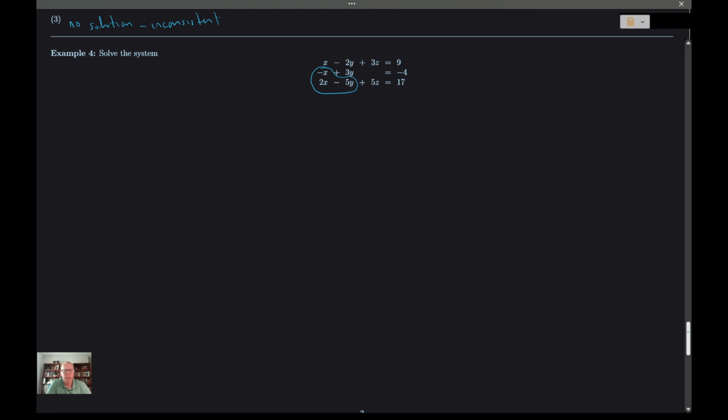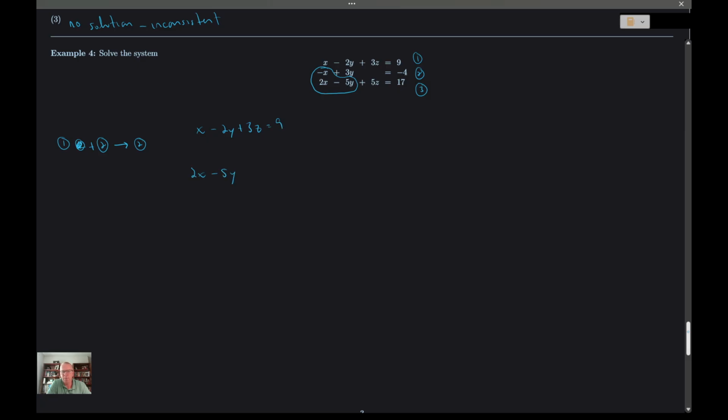Well, let's call this the first equation, this the second equation, and this the third equation. Let's add the first 2 equations. Oops, let's not circle the plus. 1 plus 2, and we're going to replace 2 with that. So let's write the first equation just as it is, and the third equation just as it is.